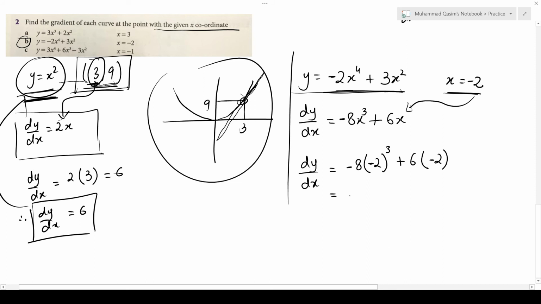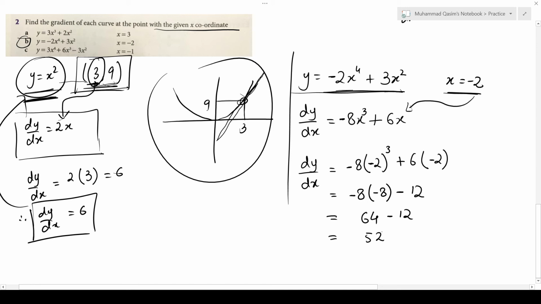Now minus 8 and negative 2 cubed is going to give me negative 8, and then plus minus minus 6 times 2 is 12. This is going to give me 64, take away 12, and this should give you 52.